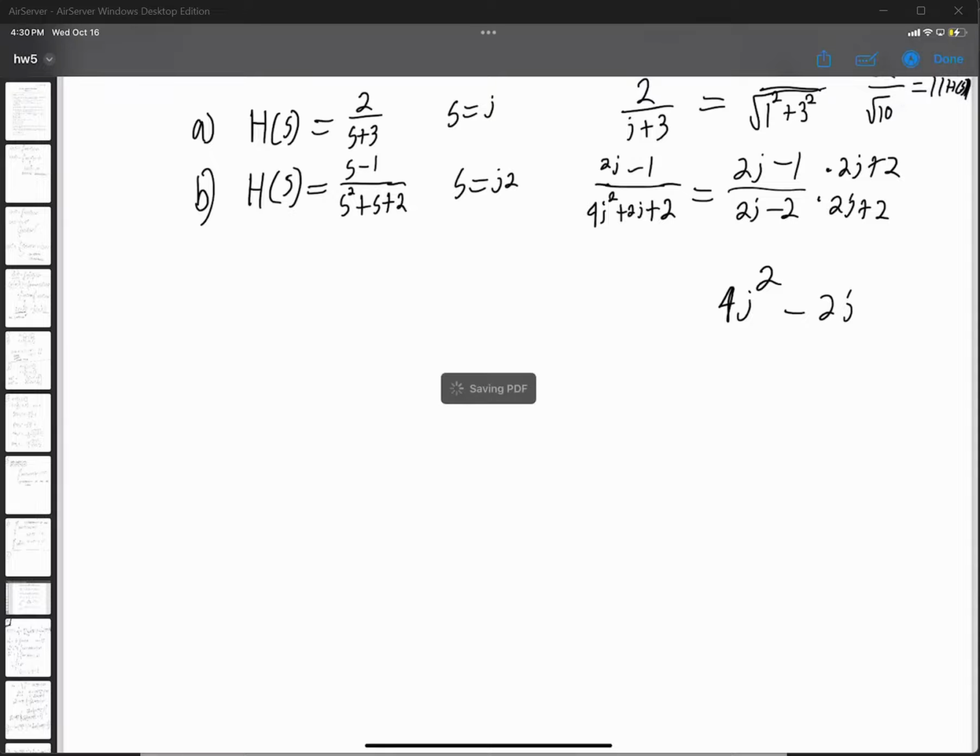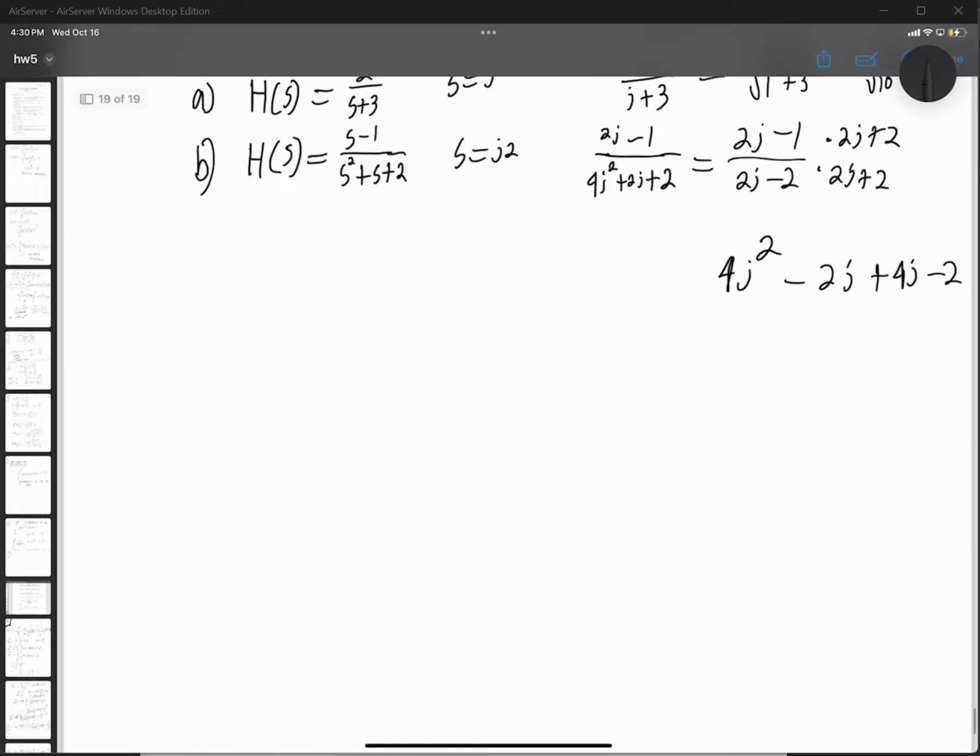Let me see. And we'll get plus 4j minus 2. This will be negative 4 plus 2j minus 2, which will be 2j minus 6.